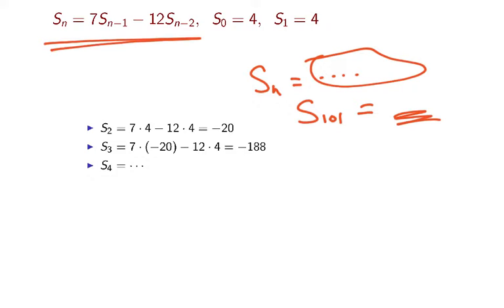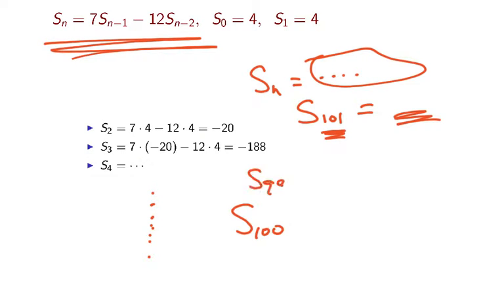Instead, if we have a recurrence relation like this, in order to get to the 101, we will need to calculate all the terms before until we have S100 and S99, that are the two that we need to calculate S101. So because of that, our goal is going to be to find a direct formula. I mean, when we have a formula given by recurrence, find the direct formula of this one.